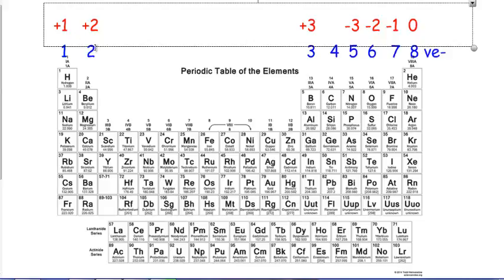Alkaline earth metals lose their 2 valence electrons and become positive 2. Over here we have positive 3. As they get closer to 8 valence electrons, if they have 5 valence electrons, they gain 3 negatives to become a negative 3 charge, negative 2, negative 1, and of course noble gases do not have a charge, so their oxidation number is 0.